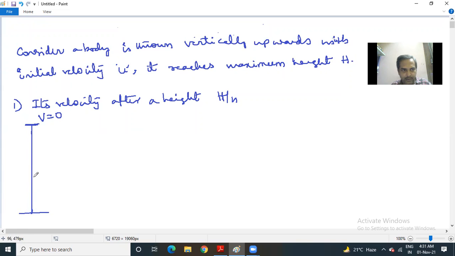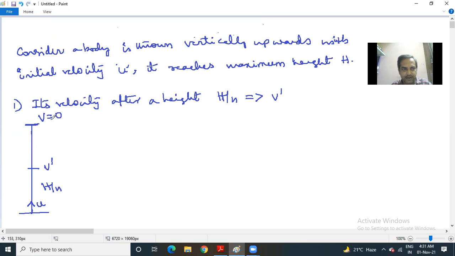So maybe this is the nth part of the total height. Here velocity won't become 0. We call it v dash. You have provided the initial velocity. So what we need to find out is its velocity after a height H by n. So we are looking for v dash here.